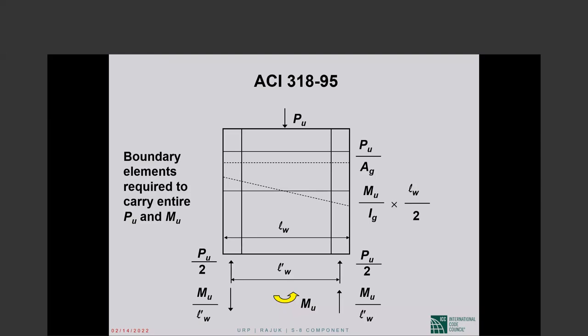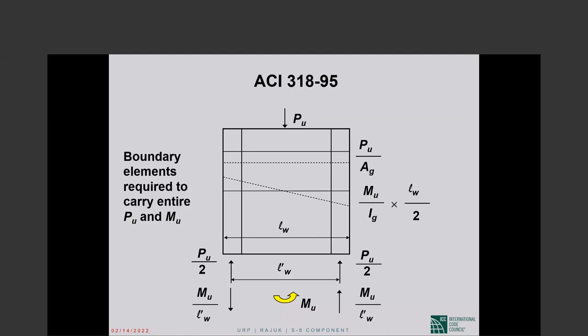we had in 1995, which I'm sure is the same as what we had in 1989, which is the way you have been designing shear walls up until now. Okay? So in this procedure, we are supposed to consider the factored axial load tributary to our shear wall.